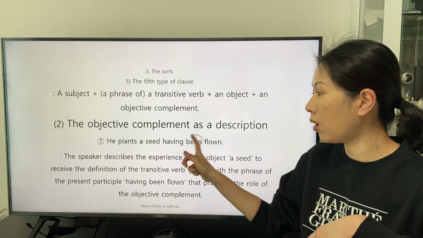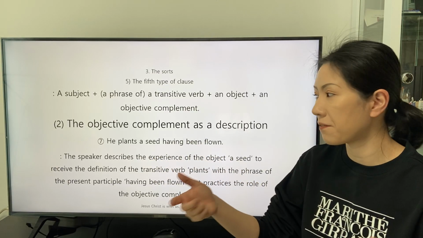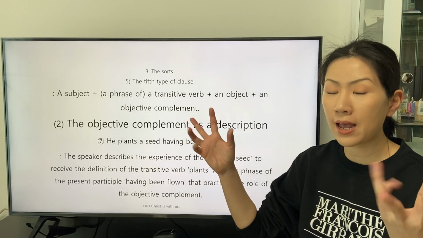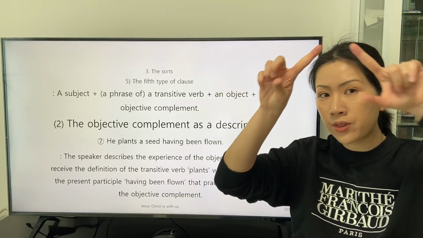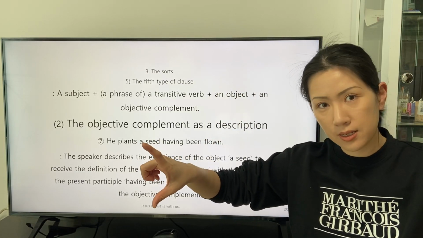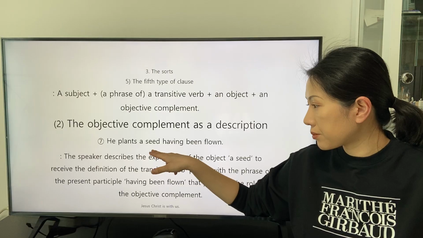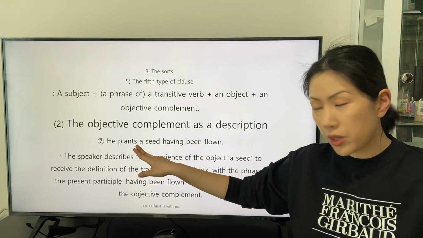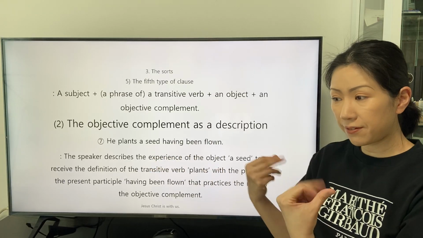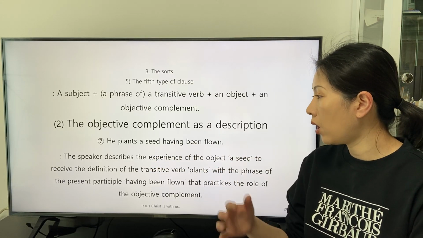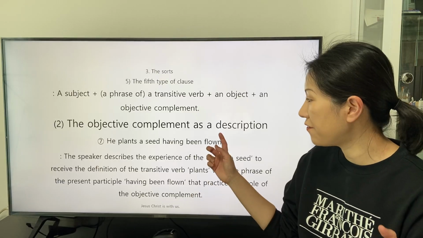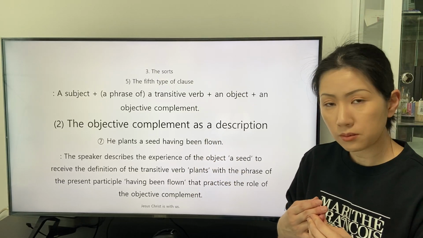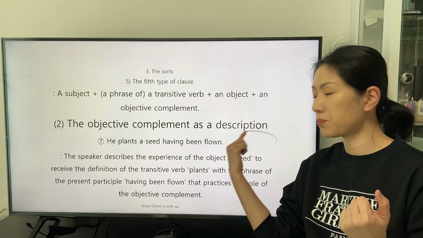The form of the past participle been reveals the fact that the object or seed of the clause is the time receiver during the period of the present, and during the period the object of seed receives the definition of the verb fly from an unstated subject.